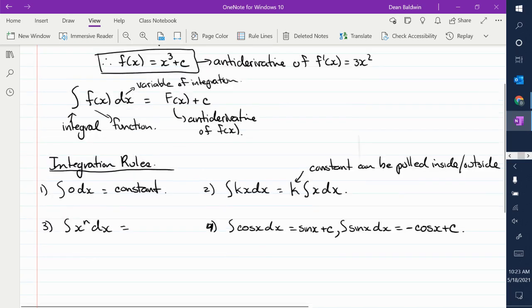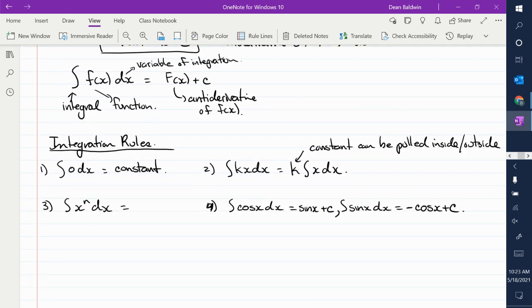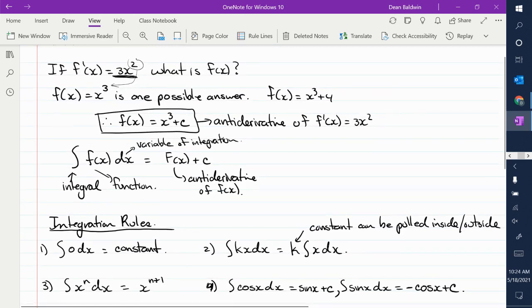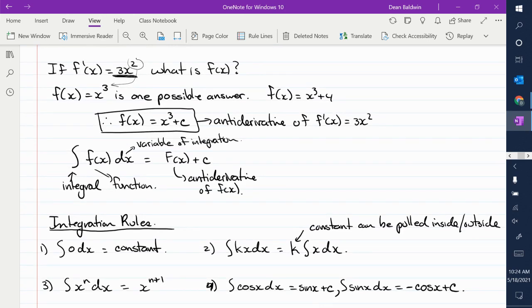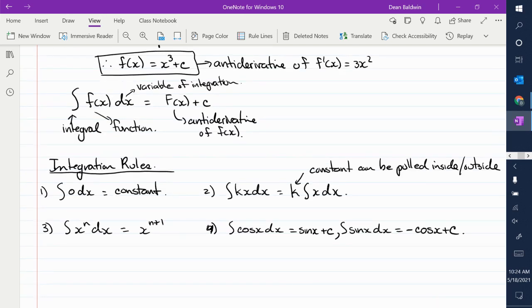So if we're doing the opposite, we should add 1 to it. But if you look at this one up here, how did we get rid of the 3? You divide by that new exponent. Okay? So the antiderivative of x to the n is x to the n plus 1 over n plus 1 plus c.